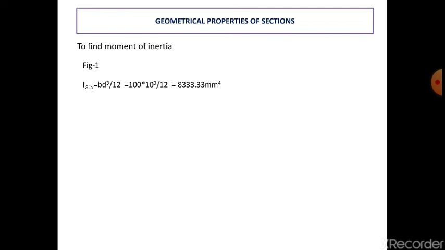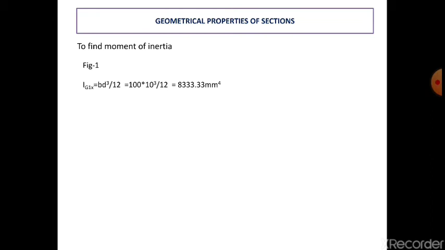So along the x direction, whichever dimension is parallel to the x axis is taken first. It is BD cube by 12.